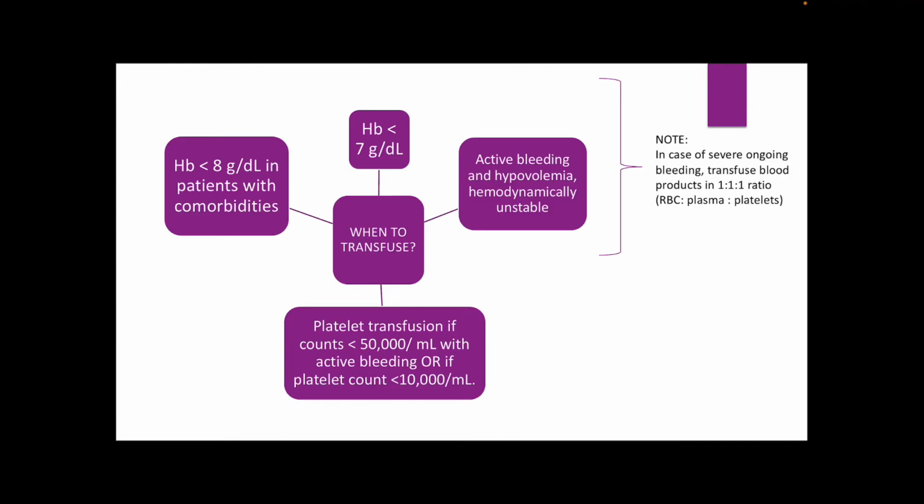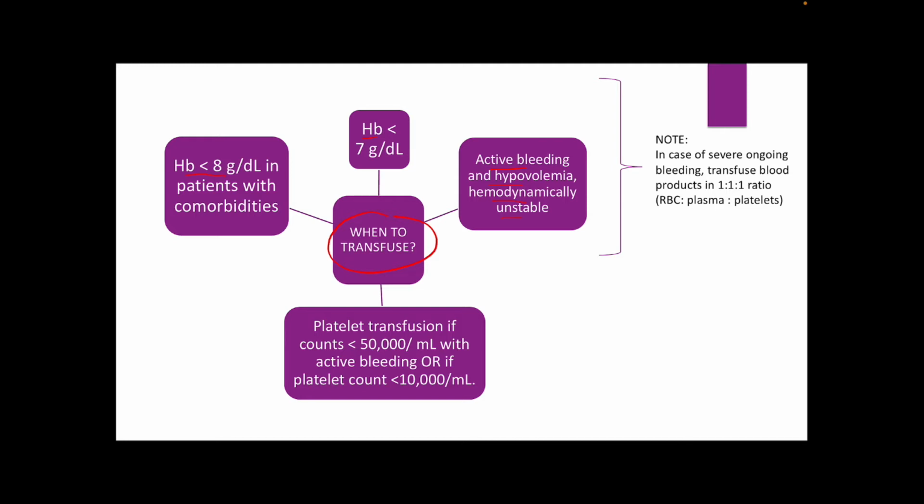Now, this is a very important chart, that is the decision on when to transfuse a patient with upper GI bleed. Indications for transfusion: first is a hemoglobin less than 7 gram per deciliter, or active bleeding and hypovolemia, a hemodynamically unstable patient, or a hemoglobin that is less than 8 in a patient with comorbidity like heart disease, for example.